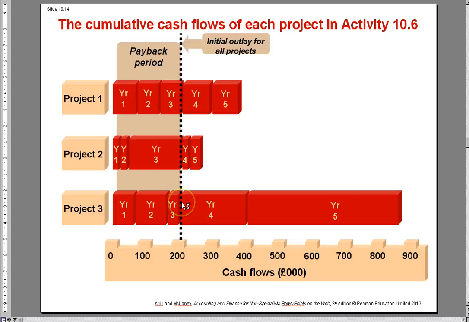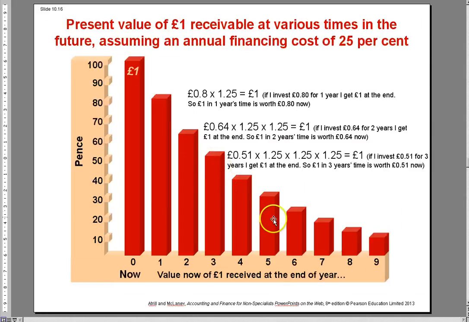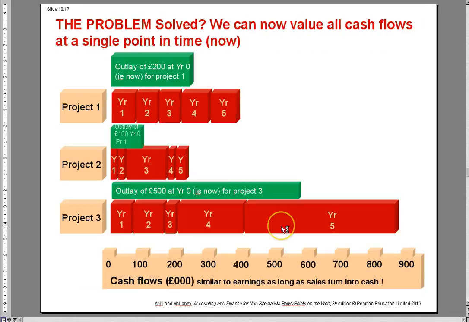So the first thing we do is we value everything at year 0, the present, and then we subtract our outlay from our revenues. So that's the process of net present value. Oh, there we have it. So we can sweep it all back to year 0 and then deduct 200 because that's a year 0 outlay, and 100 there and 500 there.